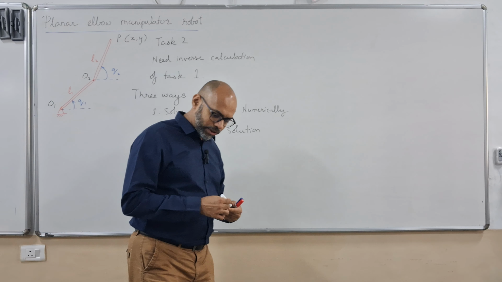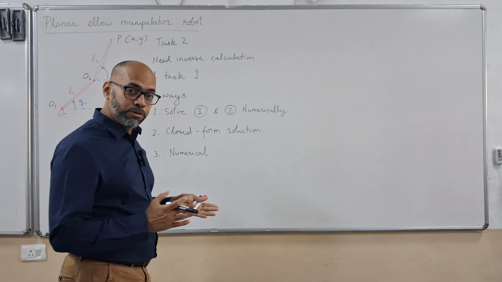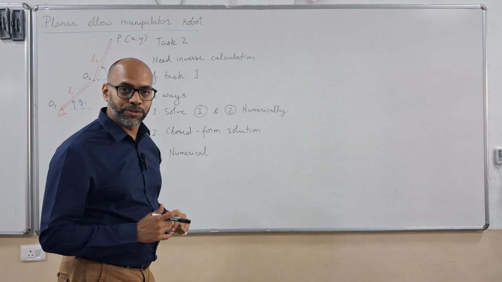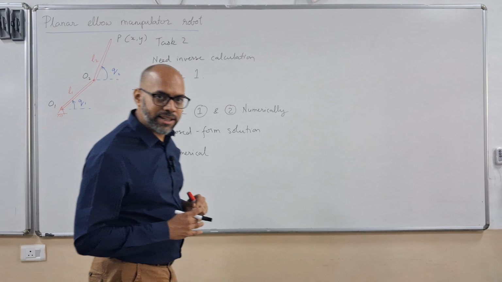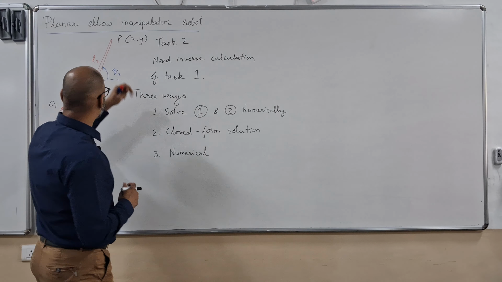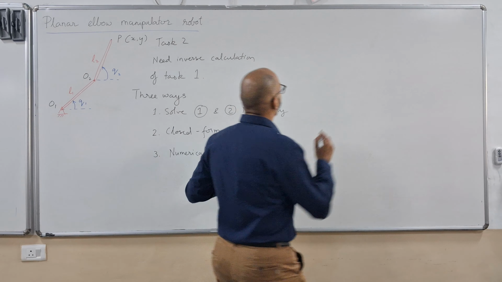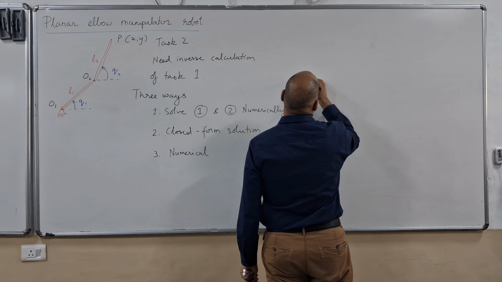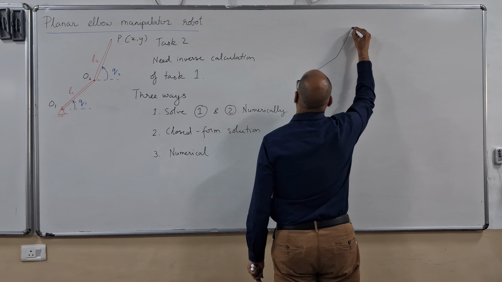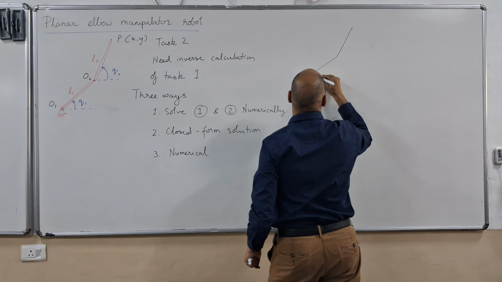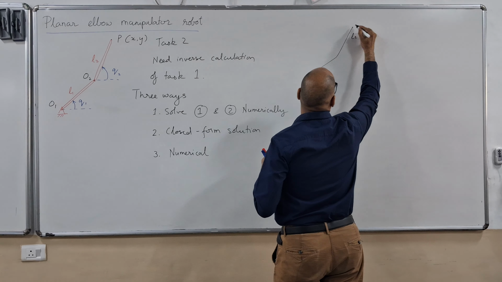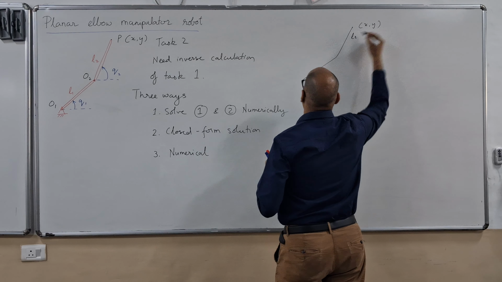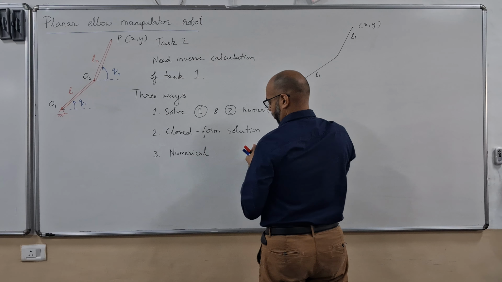To work out a closed form solution, we will need to do some trigonometry. Let me draw a couple of triangles and apply some trigonometric identities to figure out expressions for q1 and q2. For the first triangle, let me draw the same two links, L1 and L2, and this coordinate is x, y if this is the origin.